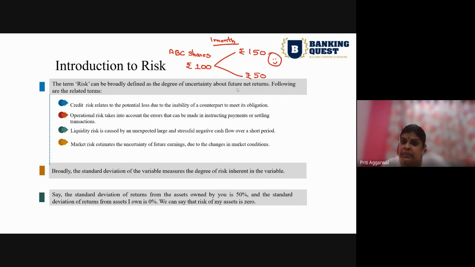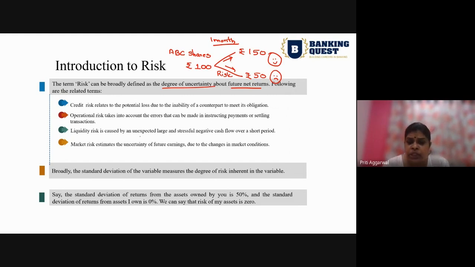But the concern is, what if the share price falls to 50, then definitely I am sad. That is where my risk lies, right? So when we talk about risk, it is a degree of uncertainty about your future net return. Uncertainty is there on both sides, but I am more concerned about the fall rather than the rise. That is what risk is all about.